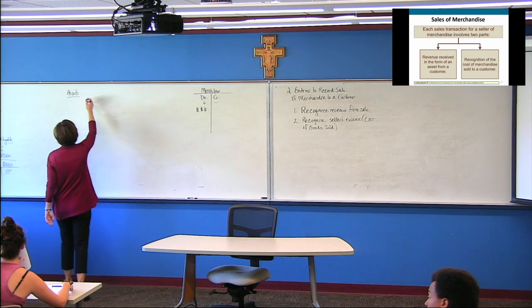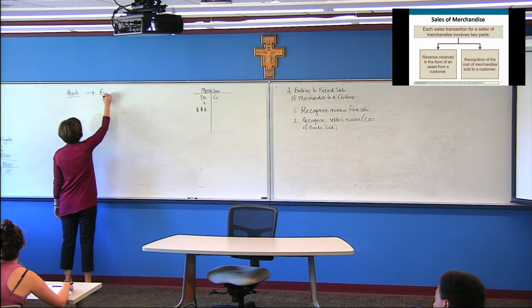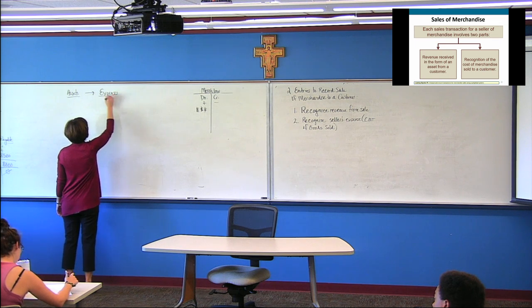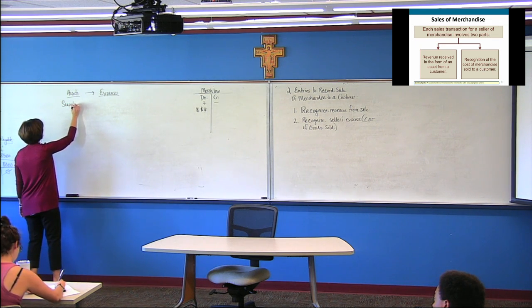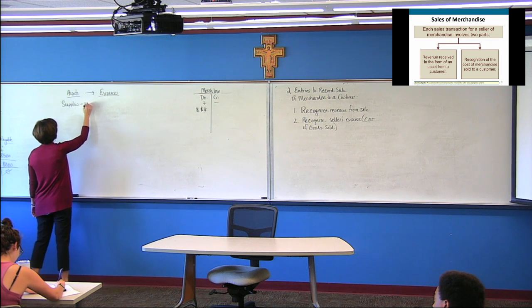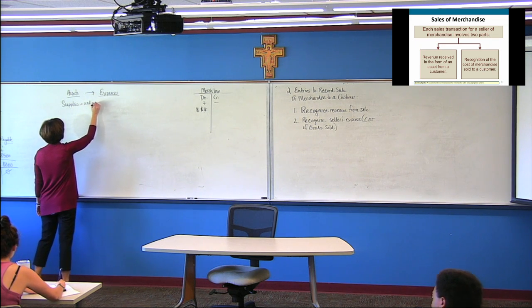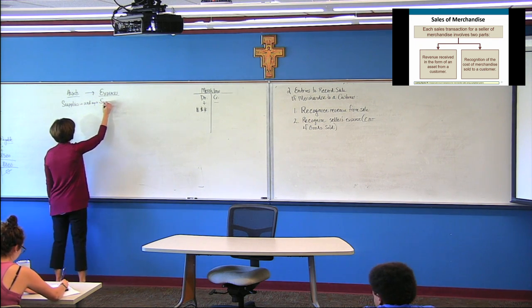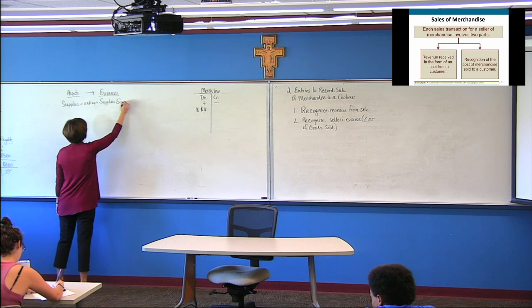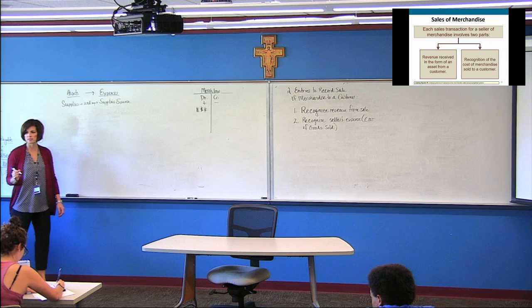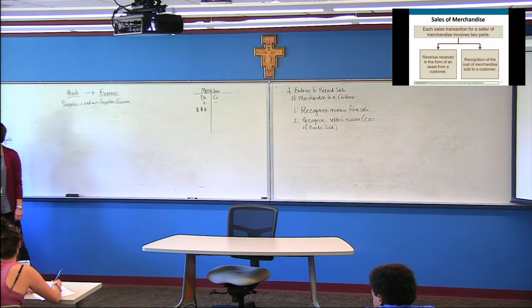So assets eventually became expenses when they lost their benefit. For example, we bought supplies, but then supplies got used up and they became what? Supplies expense. Sound familiar? I hope. You guys just got done doing that, right?